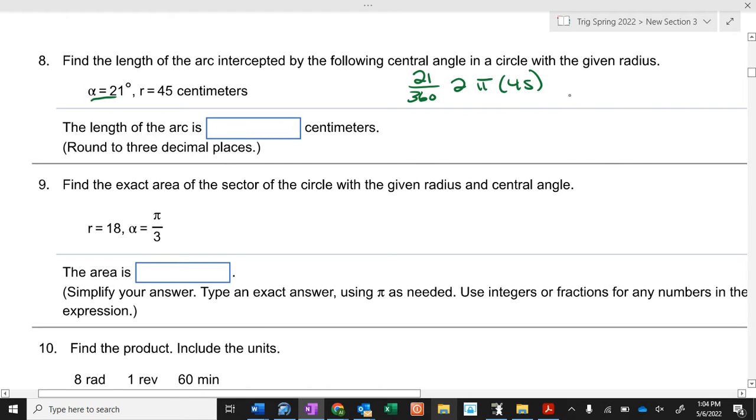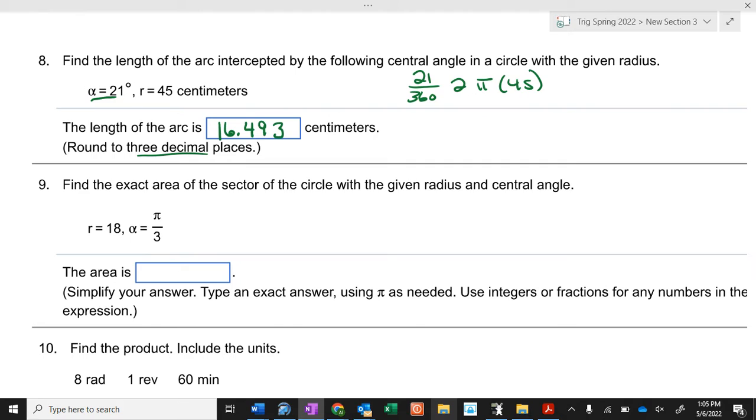Okay? And then punch it into your calculator. If it says 3 decimal places, you put the pi into your calculator. So 21 over 360 times 2 times pi times 45. And what do we get? 16.493. Okay, good job.